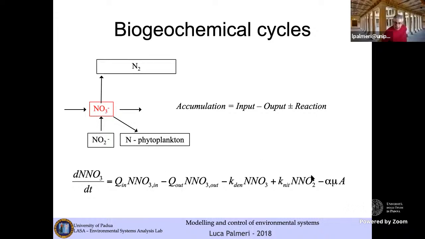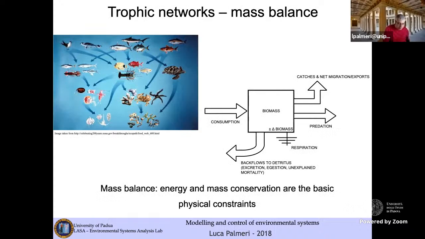So here we are describing the nitrogen in phytoplankton. So this third term describes the conversion of nitrogen in nitrate form into phytoplankton. This process includes assimilation and build-up of biochemical components.